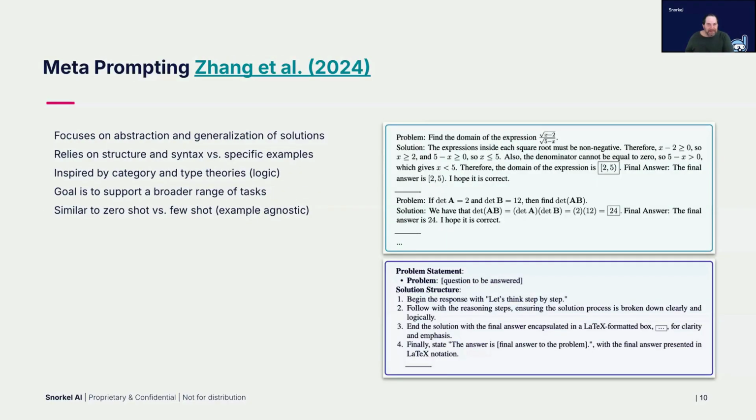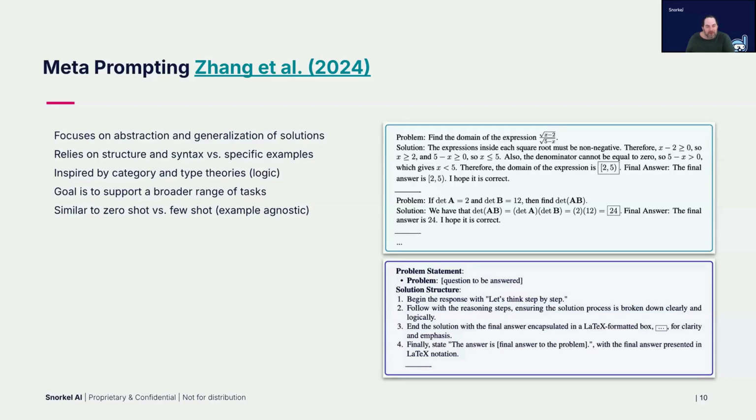Meta prompting is one that I find a little bit more interesting, and I'm surprised maybe that I don't see it quite as much as I would expect to. When we think about few shot approaches, that's essentially this top image here, where you usually have a very concrete example with actual values.